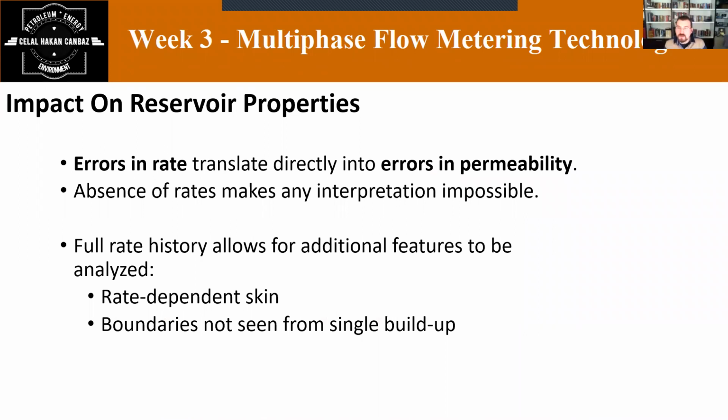So when you made other measurements, even in your second and third build-up periods, this correction in your cleanup period will totally affect them. For example, you made your third build-up, you could not see the boundaries, but you don't have rates in your cleanup period. When you have cleanup period rates, you can describe that boundary. So it's very crucial.